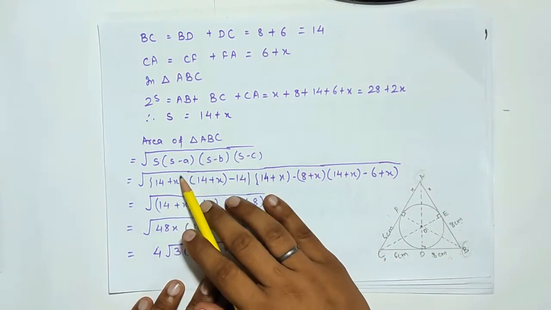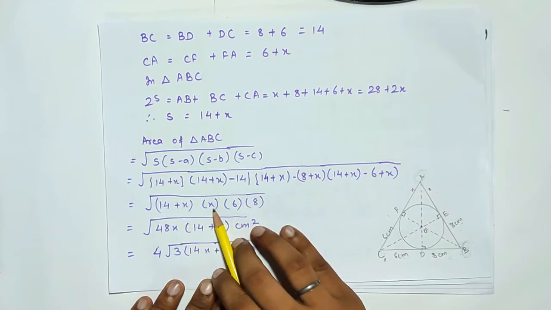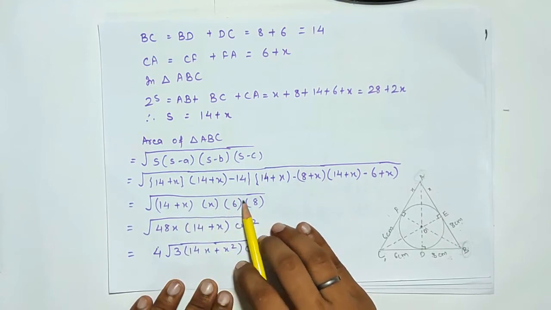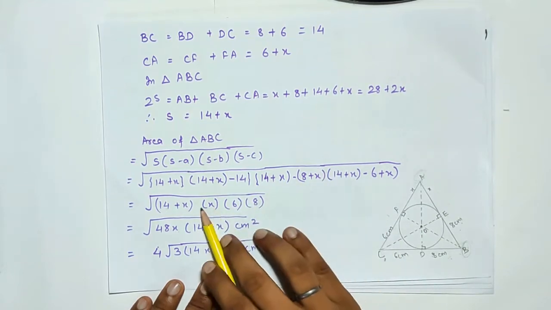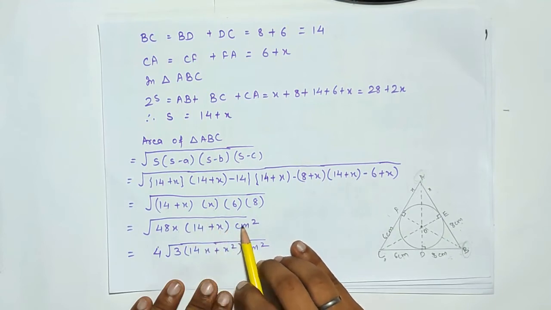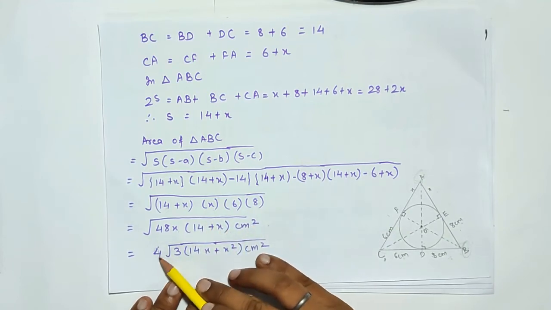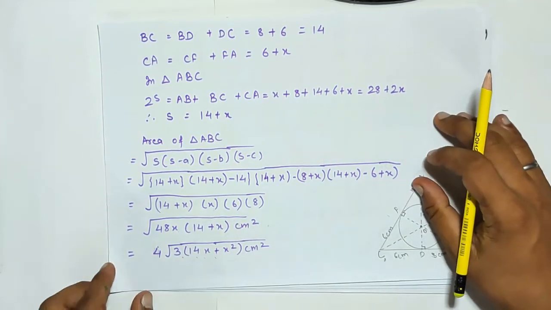After solving this, we get 14 plus x, 6, 8, and then 48x. The area is 4 root 3 times 14x plus x square centimeter square.